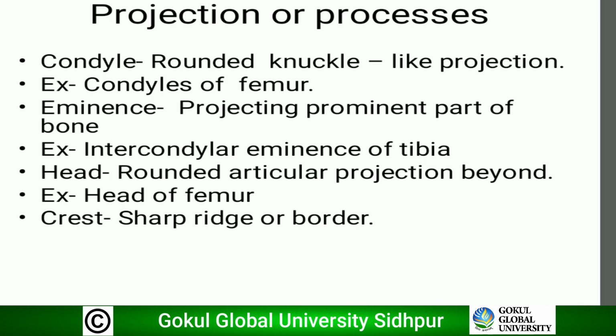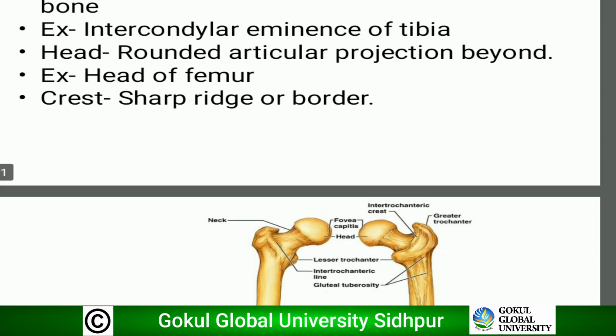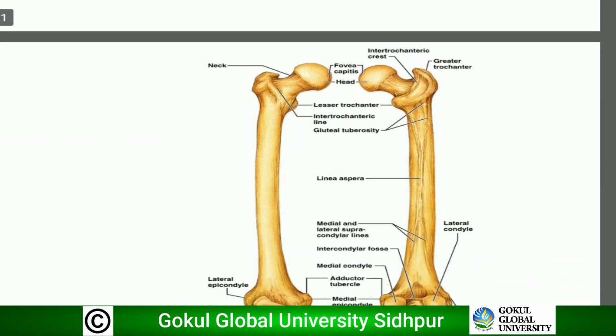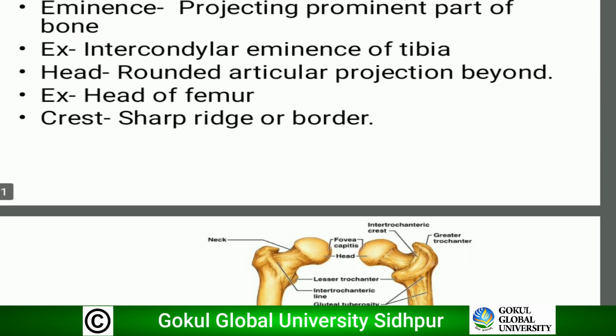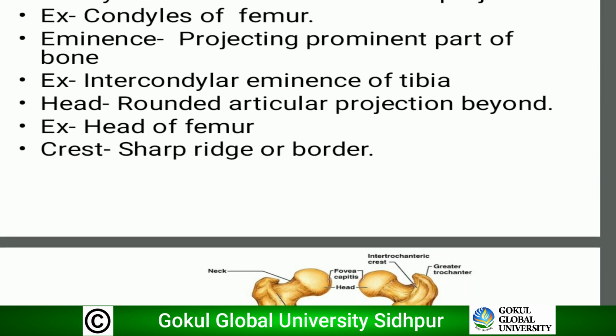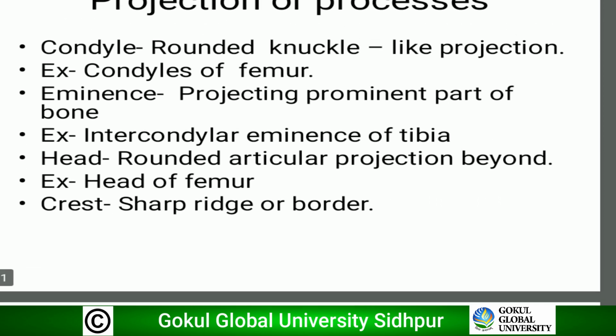Head, a rounded articular projection, as in the head of the femur. In this diagram you can see the head of the femur, a rounded articular projection, and the head of the humerus.